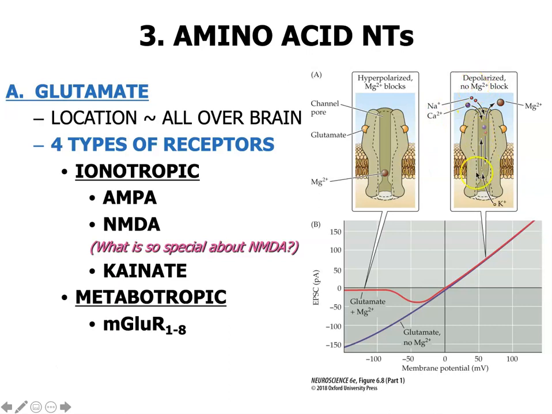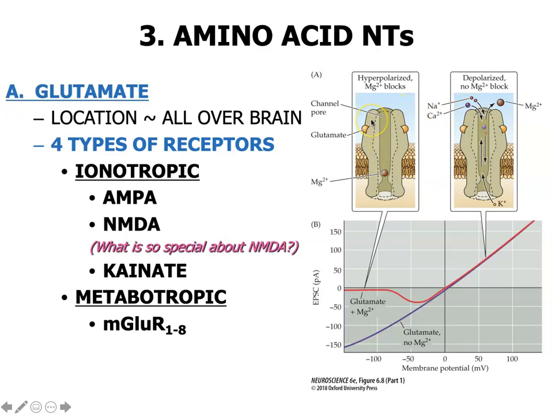And so you can see here that a function of this receptor is that when you have a depolarization event, in order for the channel to actually become useful, the magnesium plug has to be removed. You have to reach a certain threshold for that to happen. Once the magnesium plug is moved, then you can have passage of ions through the channel.